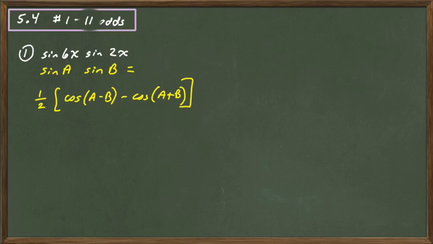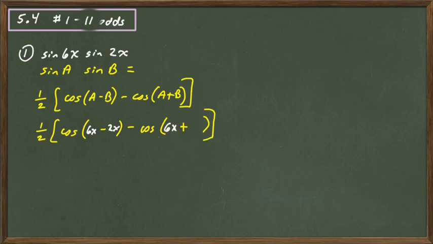Okay, first I verified that I wrote down the correct identity that this one equals. Now we're going to fill some stuff in. 1/2 cosine of something minus something minus the cosine of something plus something. So I have A is 6x, so wherever I see an A, I put 6x.